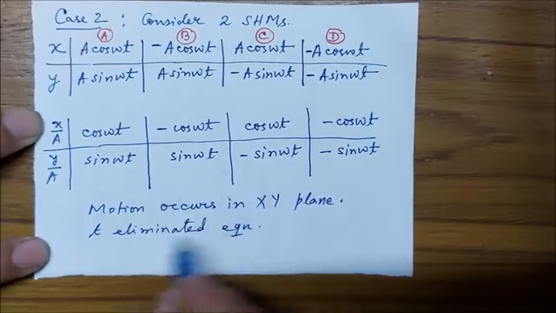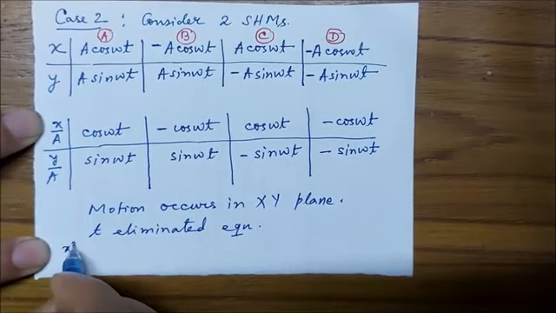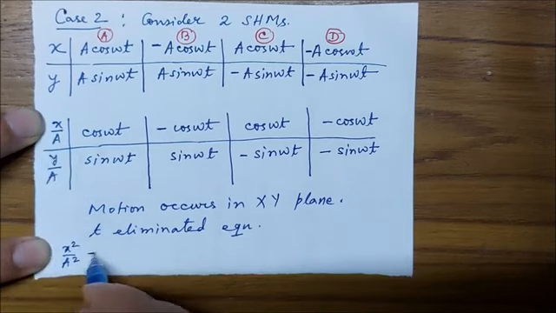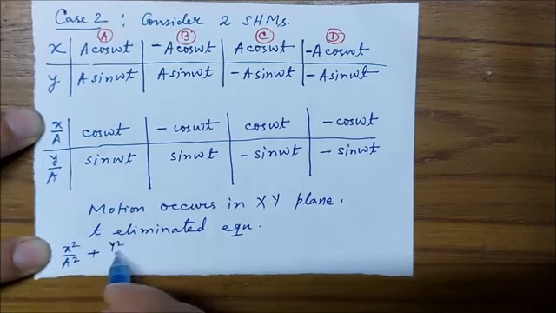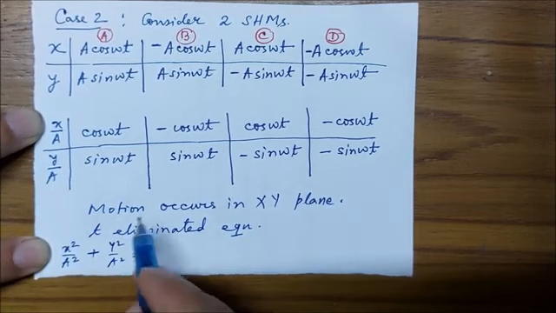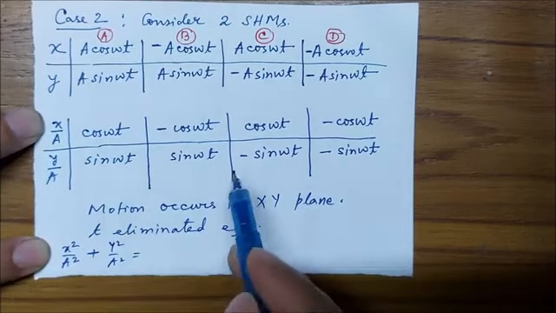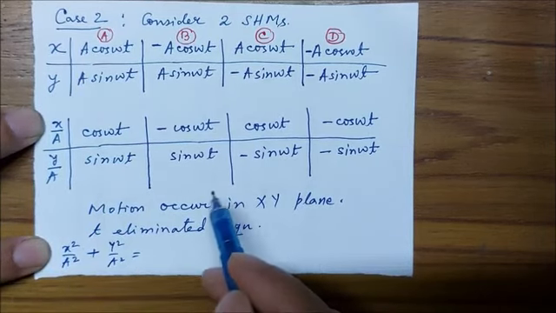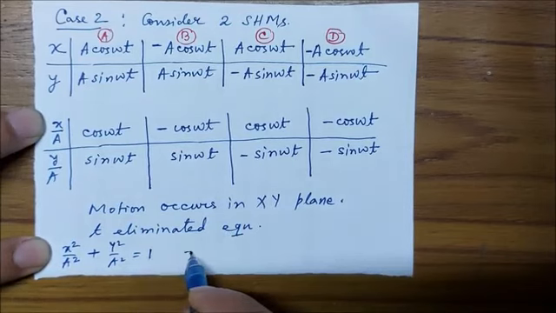In all the cases, the value of x by a whole square plus y by a whole square is cos square plus sine square, the sum of which gives us 1.